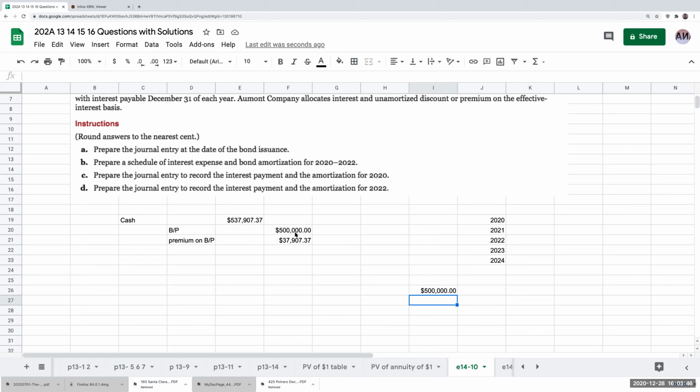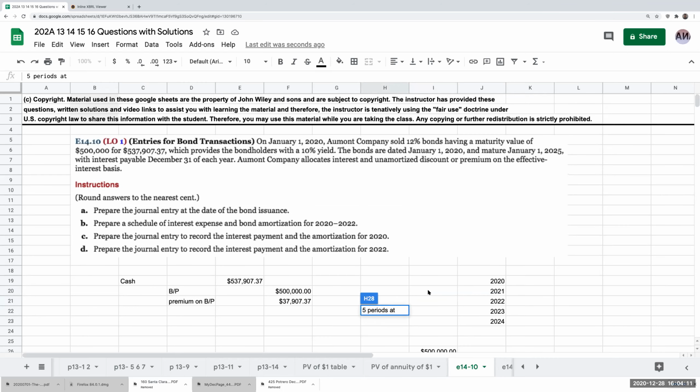So I have to pay interest every year, but when the bond matures, I have to pay the principal back. For the lump sum, I'm going to go to the present value of a dollar table. I'm going to use the number of times the interest is being paid, or 5 periods, at the effective interest rate.